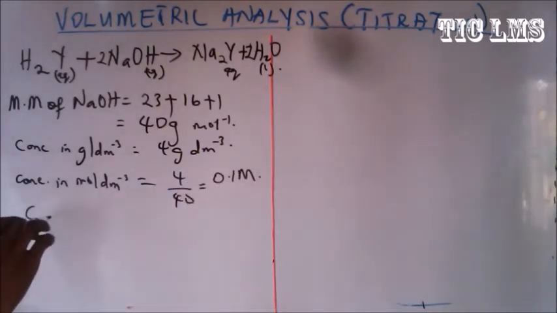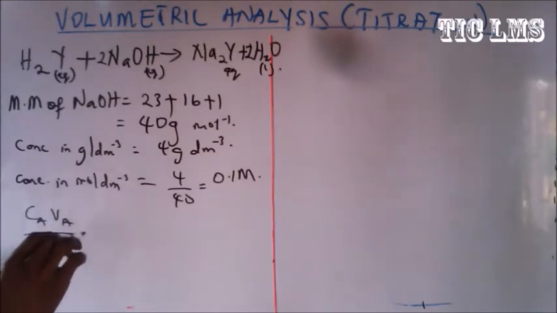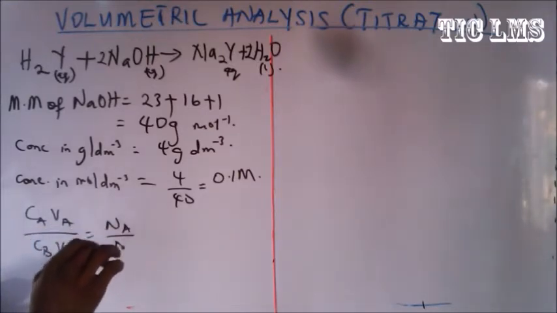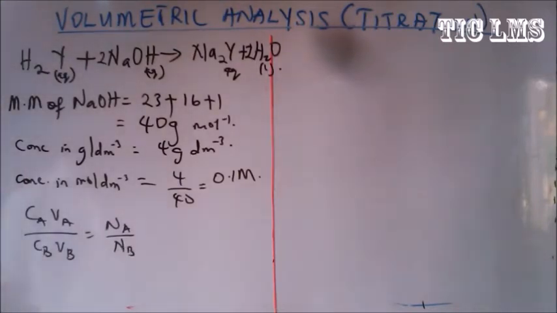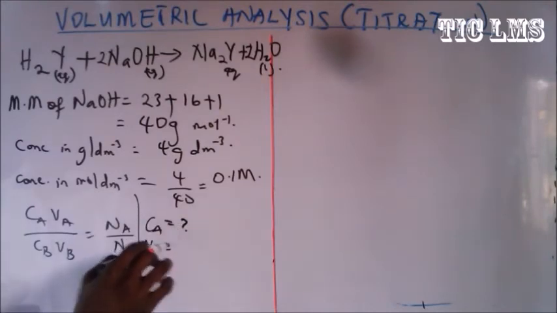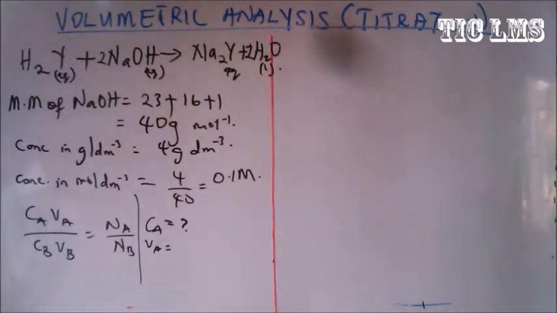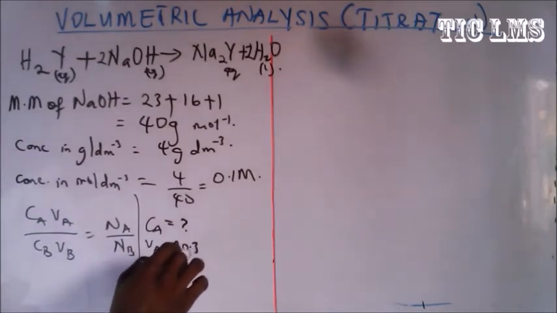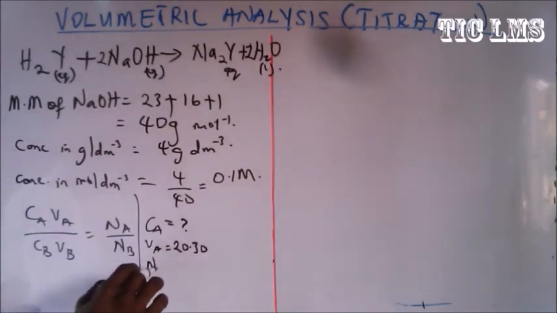Using the formula CaVa over CbVb equal to Na over Nb. From here, the concentration of the acid, which is unknown, then the volume of the acid, which was given in the question, is 20.30, and the number of mole of acid in the question is 1.